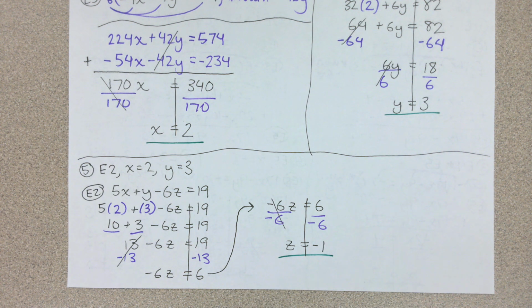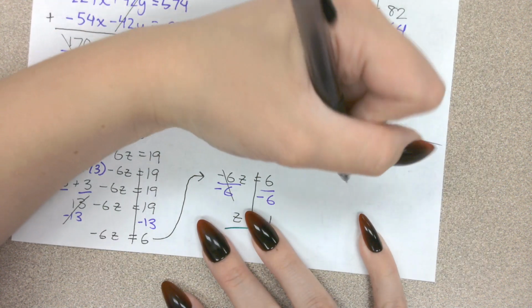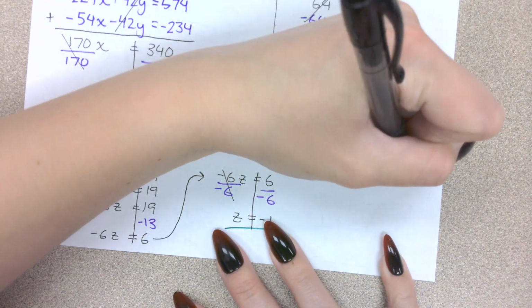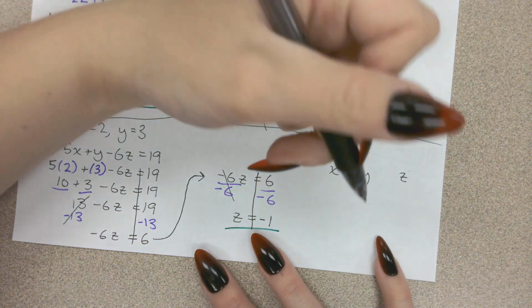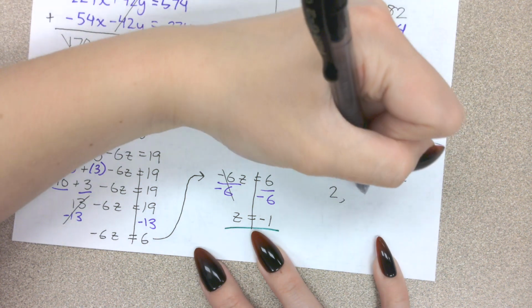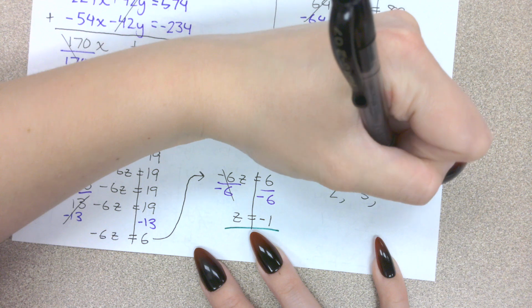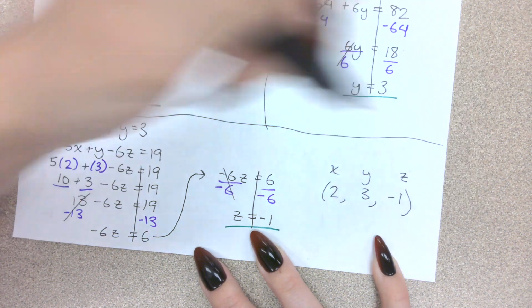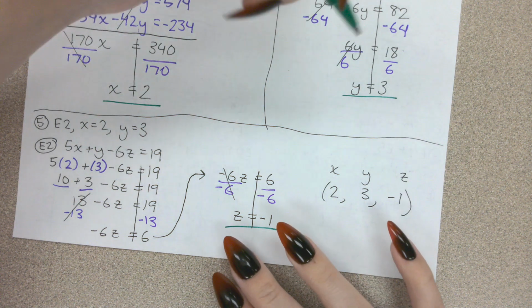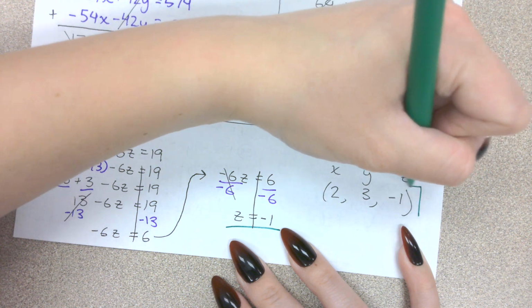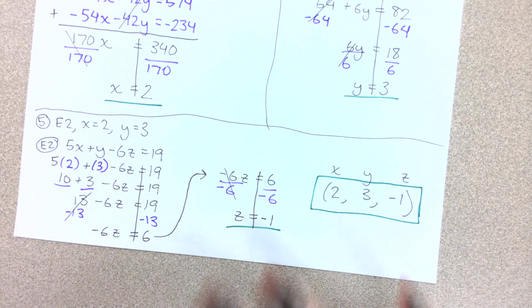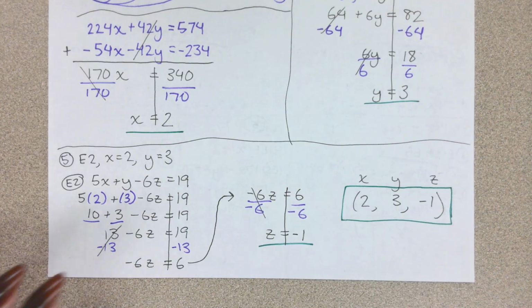Last but not least, we need to write our final answer as a point, x, y, z. X is 2, y is 3, and z is negative 1. And there you have it.